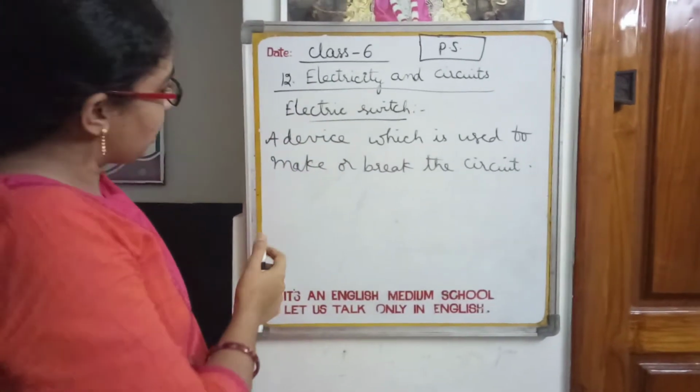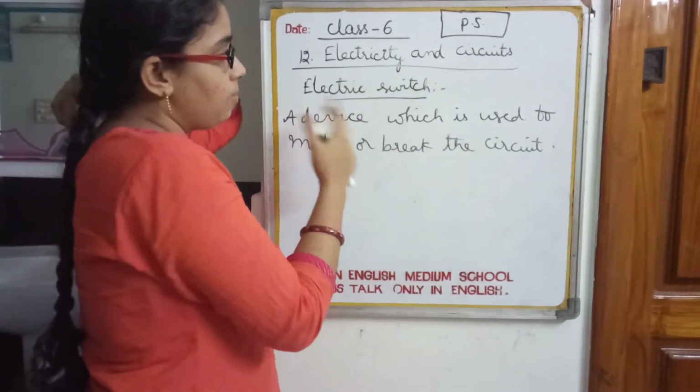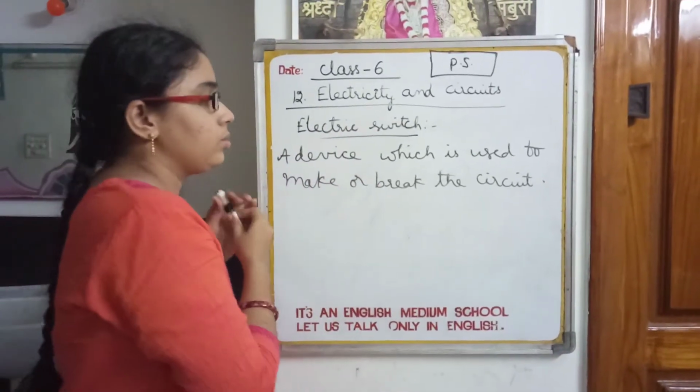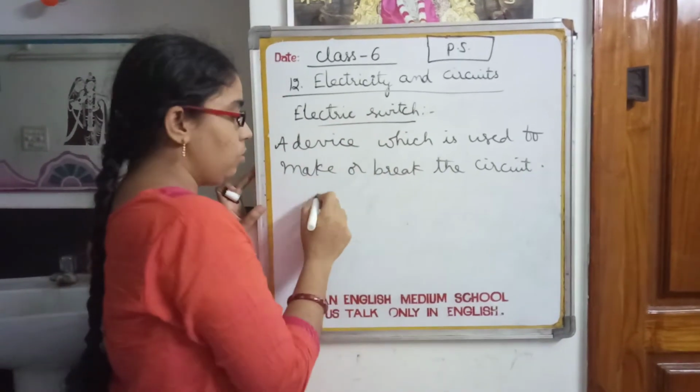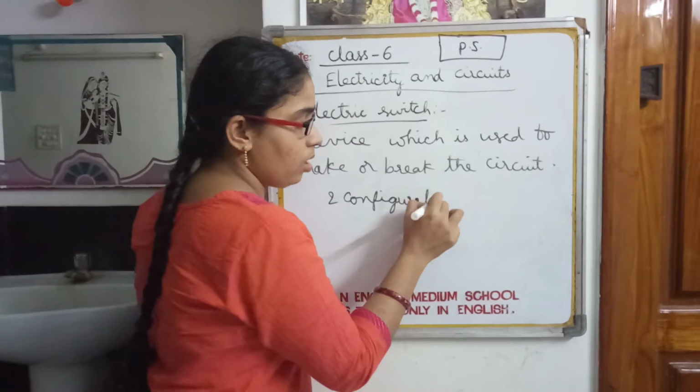It means we can connect the circuit by switching on the switch, and we can disconnect it. So a switch has two configurations. What are those? Off position and on position.